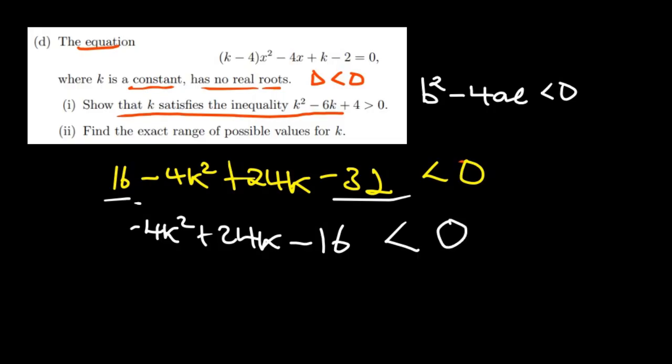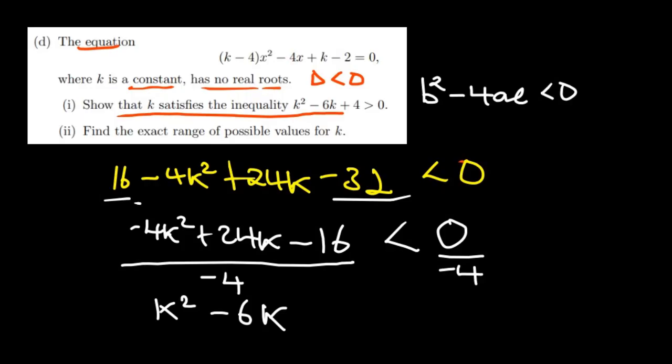This should be less than 0. From here we're going to divide throughout by minus 4, on both sides. When we divide by minus 4, we get k squared. Then 24k divided by minus 4 gives minus 6k, and minus 16 divided by minus 4 gives plus 4.